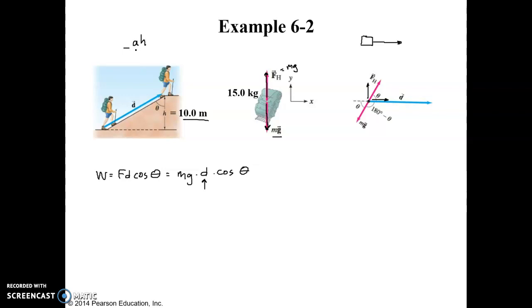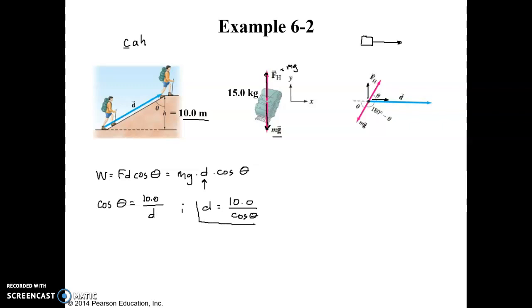So is it SOH, CAH, or TOA? It is CAH, or cosine. So what we're saying here is that cosine of theta equals the adjacent side of 10 over the hypotenuse, which we're going to call d. So therefore d is equal to 10 divided by cosine of theta.